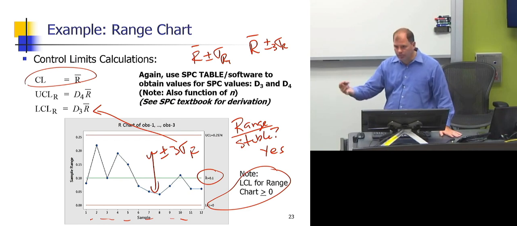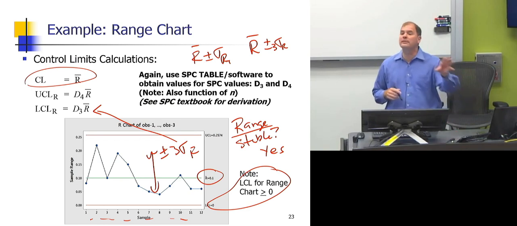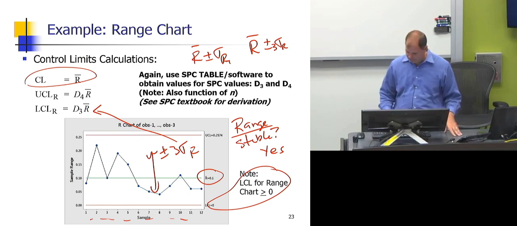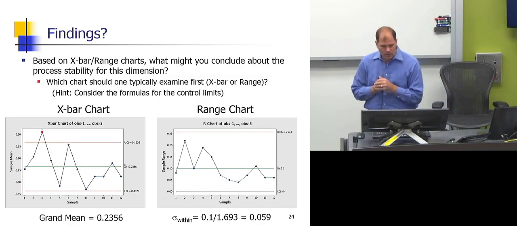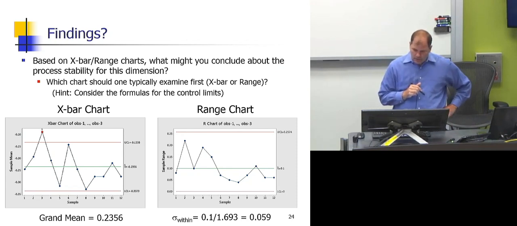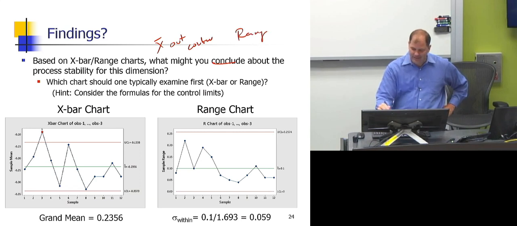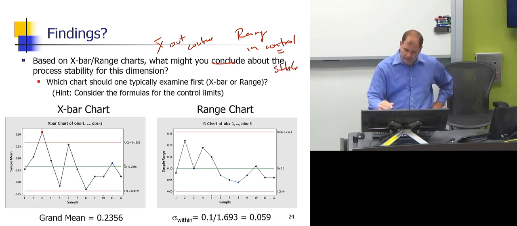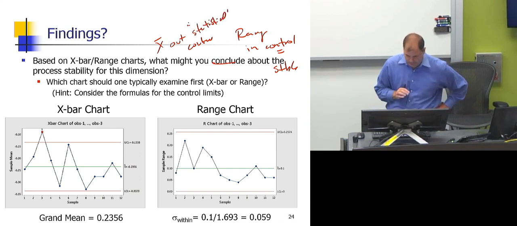Your within group could be consistent, but your between group could have a change. All right. In this case, we may conclude that the x bar is out of control. The range is in control. In control is the same as stable. And when I say out of control or in control, I really mean out of statistical control.